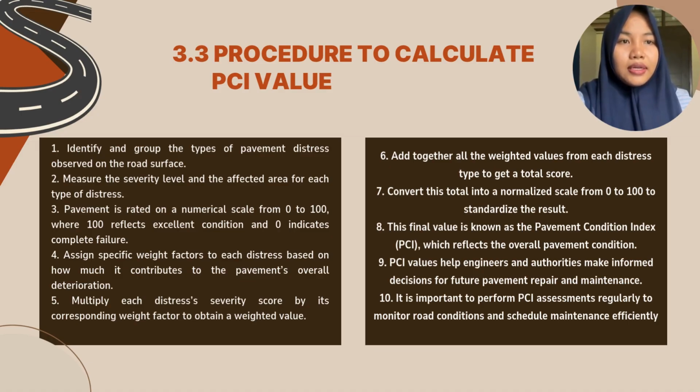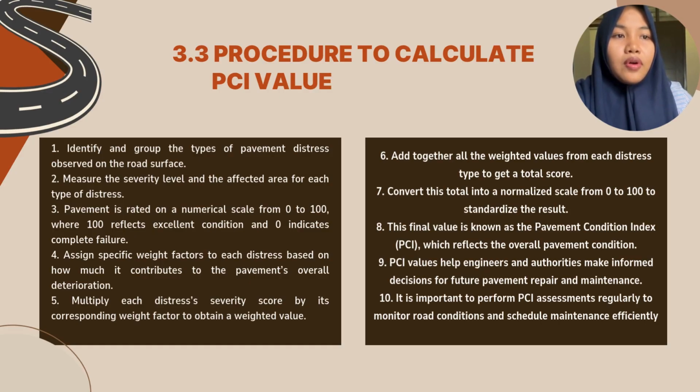6. Add together all the weighted values from each distress type to get a total score. 7. Convert this total into a normalized scale from 0 to 100 to standardize the result. 8. This final value is known as the pavement condition index (PCI), which reflects the overall pavement condition. 9.